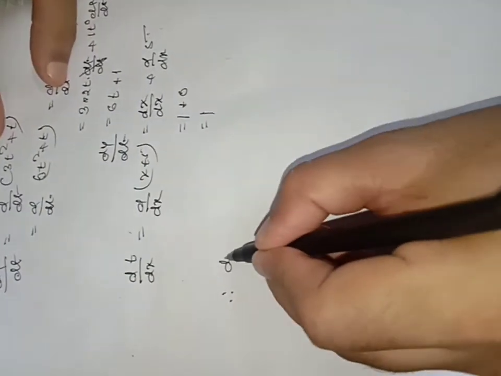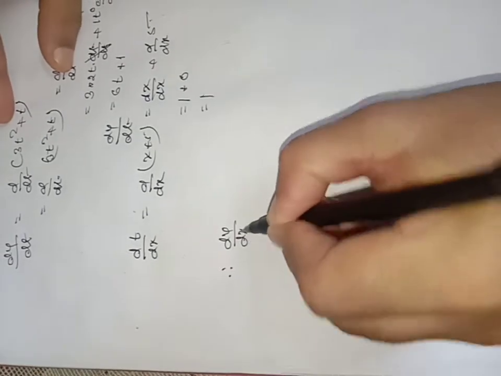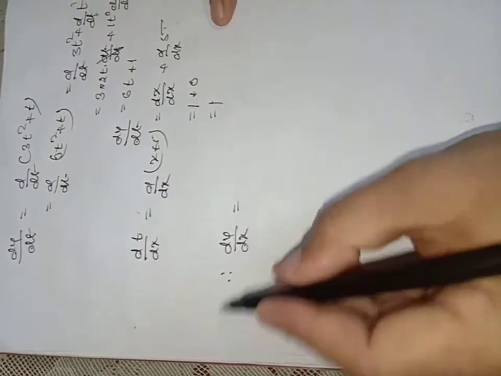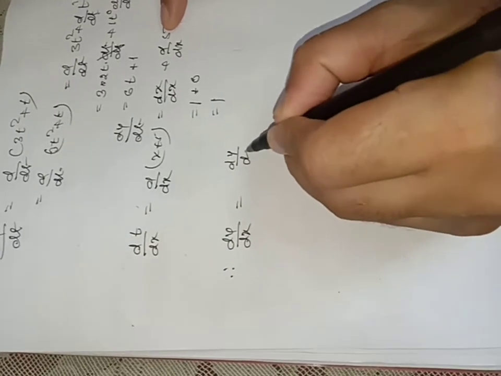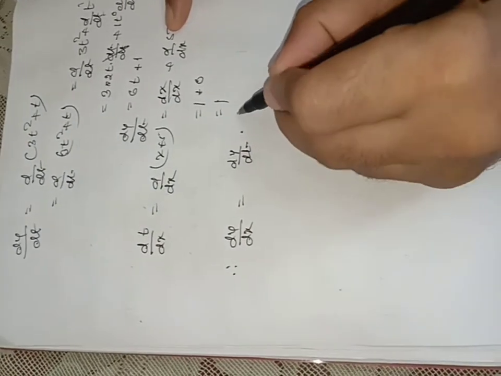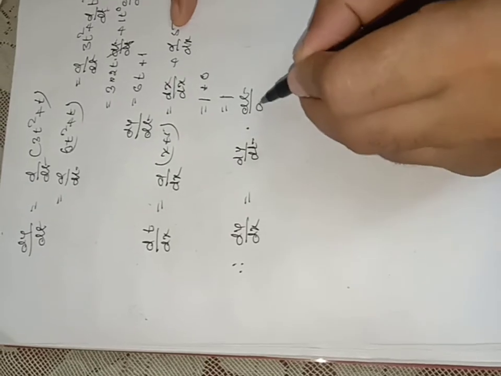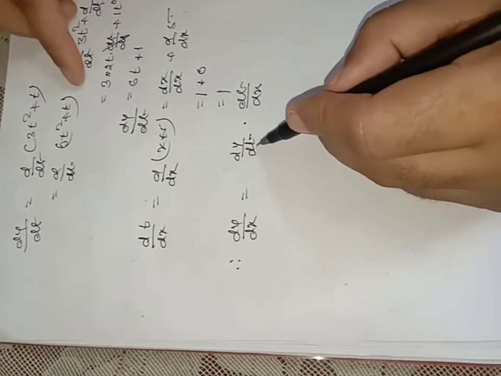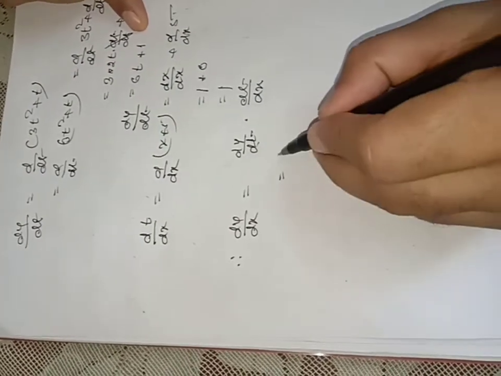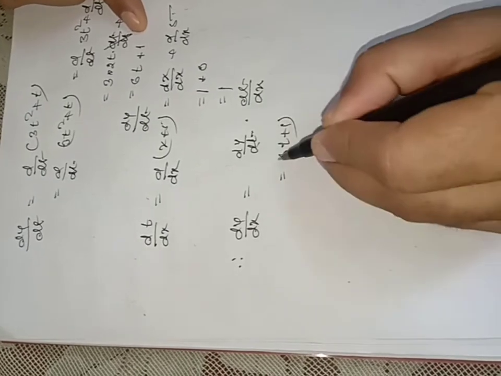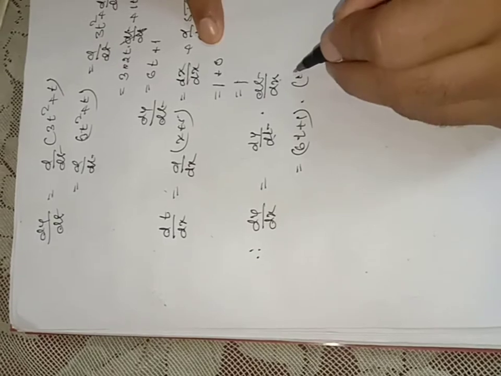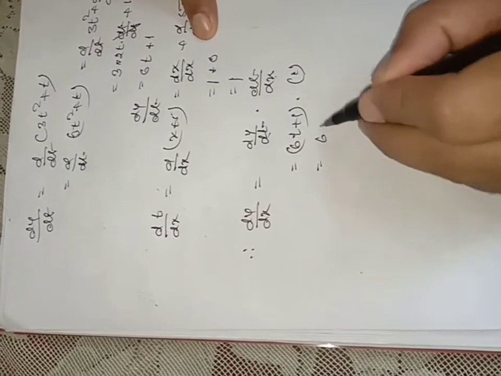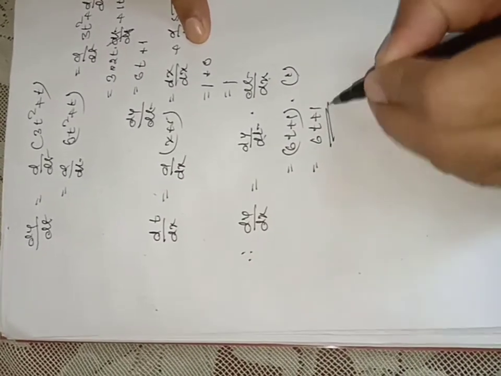Therefore dy by dx, our ultimate aim is to find dy by dx. So dy by dx is equal to dy by dt into dt by dx. So dy by dt is 6t plus 1, into dt by dx, which is 1. So your answer becomes 6t plus 1.